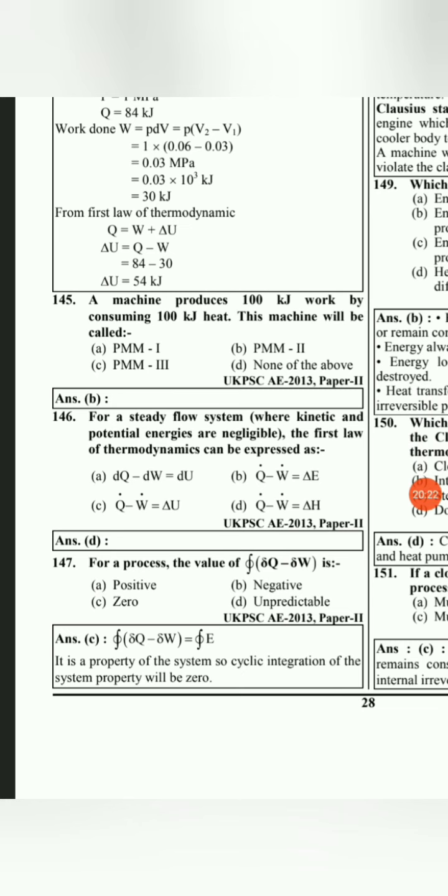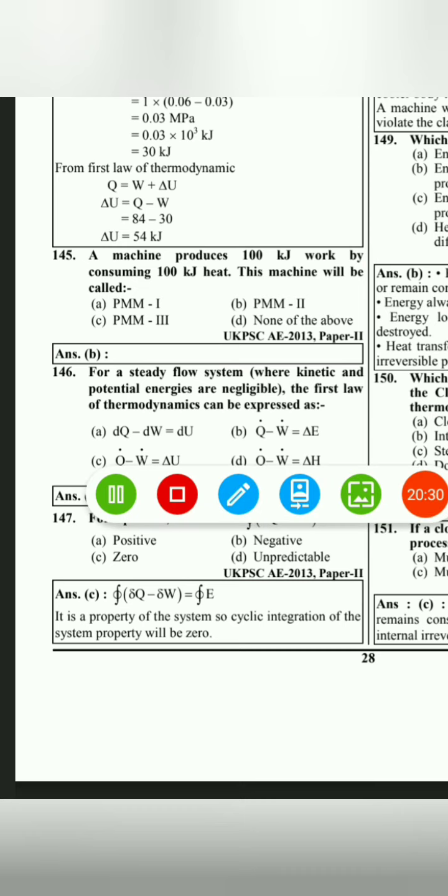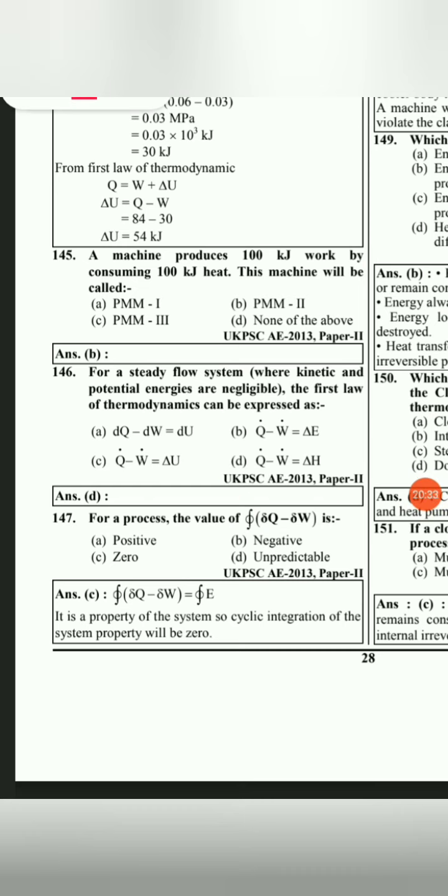Then next question: for a steady flow system where kinetic and potential energy are negligible, the first law of thermodynamics can be expressed as... Okay, for a steady flow system we must know the equation: H1 plus V1 square by 2 plus Z1 plus Q equals H2 plus V2 square by 2 plus Z2 plus W. Here, neglecting the kinetic energy and potential energy change, these terms will be 0.